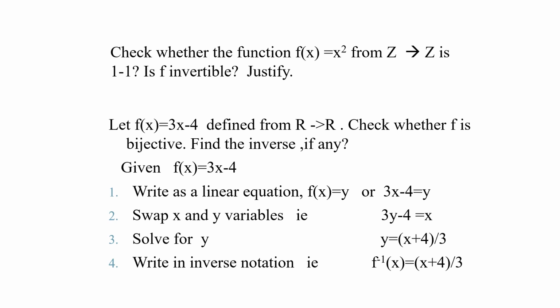The third step, you have to solve for y. That means you have to find an equation for y in terms of x. So first you can take minus 4 to the right hand side, then you will get 3y equal to x plus 4. Then keep y in the left hand side and take 3 to the other side. Then you will get y is equal to (x plus 4) divided by 3.